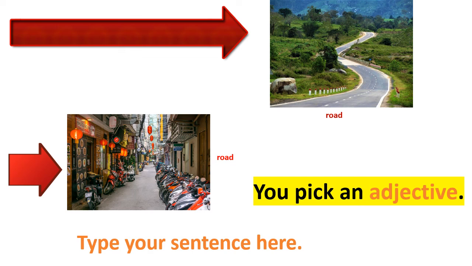Whatever adjective you decide on, remember the rules about syllables. We have one syllable, one beat, two syllables, and three-syllable adjectives. If you don't remember, like I said, go back and watch that YouTube video.